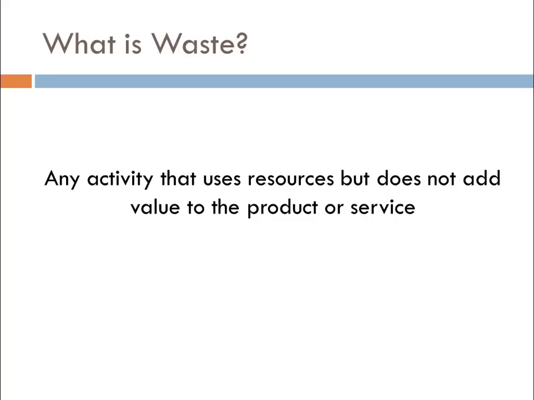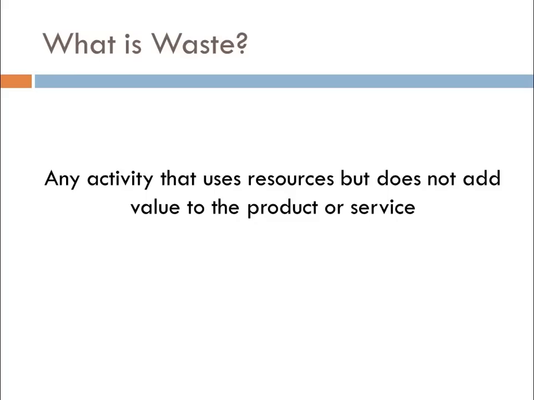In Toyota production system, there are 7 commonly accepted lean kind of waste. You may call it lean production within the Toyota production system. There are 7 kinds or types of waste. Now, what is meant by value added? Value added element actually adds real value to the worth of the product, which is what the customer pays for.